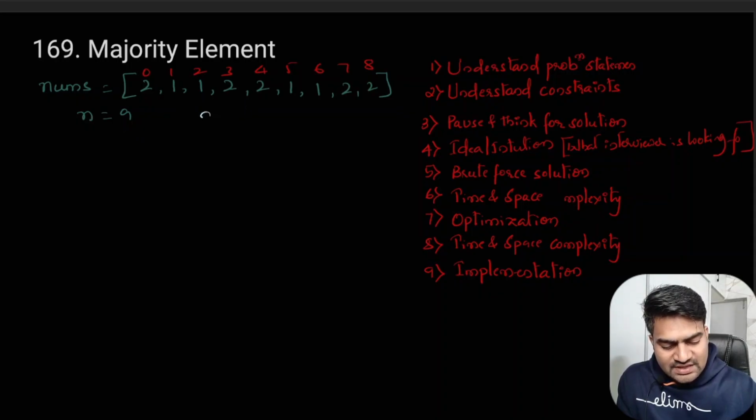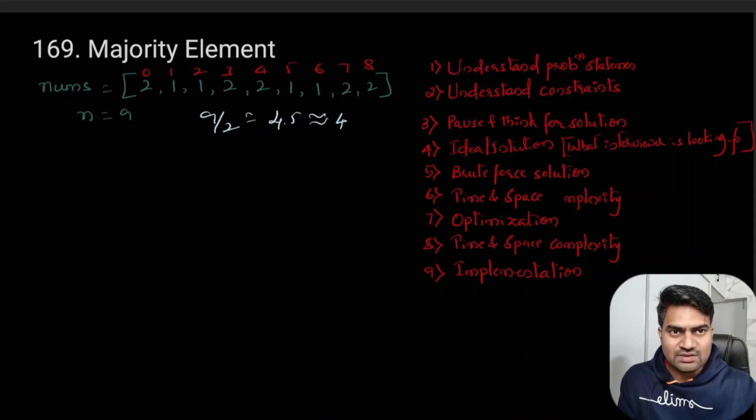N by 2 in the sense 9 by 2, which is 4.5. We will assume it as 4, the rounded number. So there is always one number which appears more than 4 times, not 4 times, more than 4 times. So it can appear 5 times, 6 times, 7 times, 8 times, or 9 times. That is what this problem states.